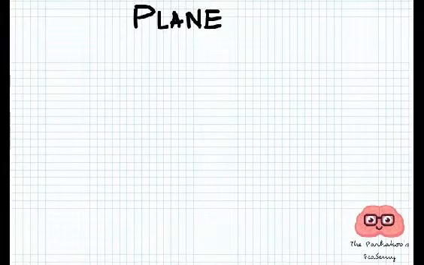So I'm here with another very important concept in geometry, that is that of a plane. Let's start off. Previously we have seen the concept of a line, for which 2 points are needed, and when we join them, a line is formed. Now let's consider some more points. Let's say like this.